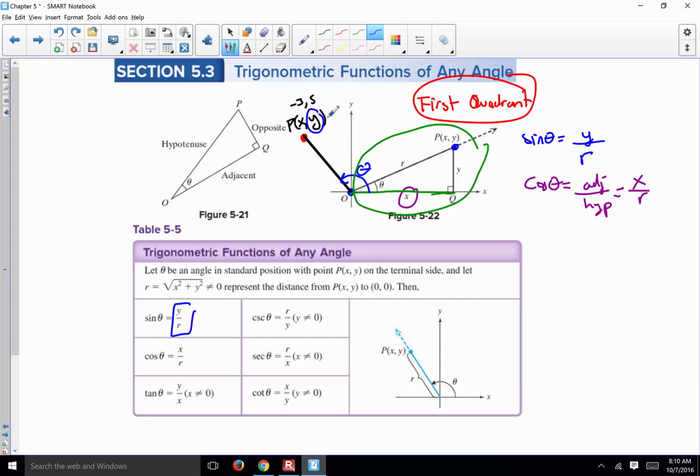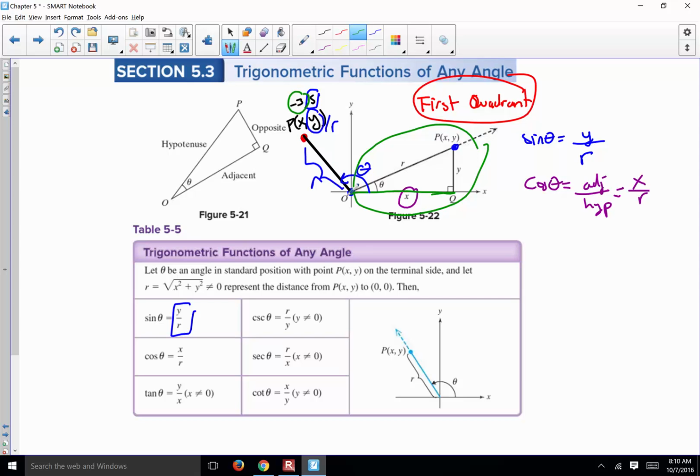Y over r. So you will take this 5 and divide by whatever this distance is. Measure it, like 5, 10, whatever it is. You are going to measure it with a ruler or formula and then divide it. That's sine. How do I find cosine? I will take this number, divide by this distance.